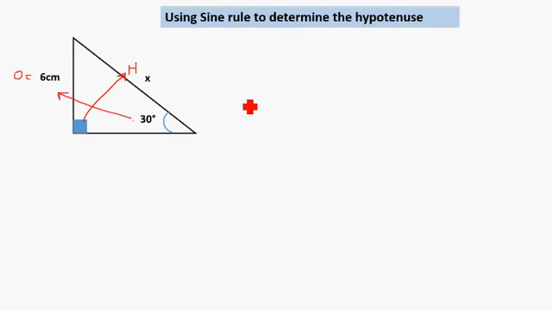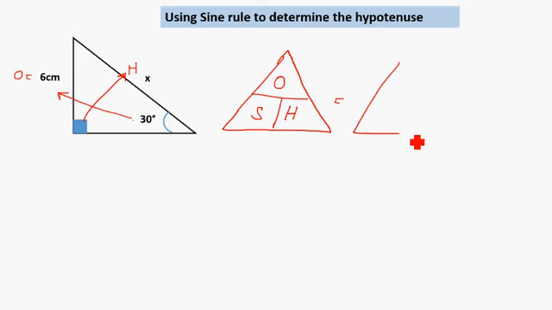Using the triangle, always you need to do that, and then I have labeled the values, so I know what is my sine value. Sine is 30 degrees, opposite in this case is 6, and hypotenuse is x. That's what I'm trying to find.